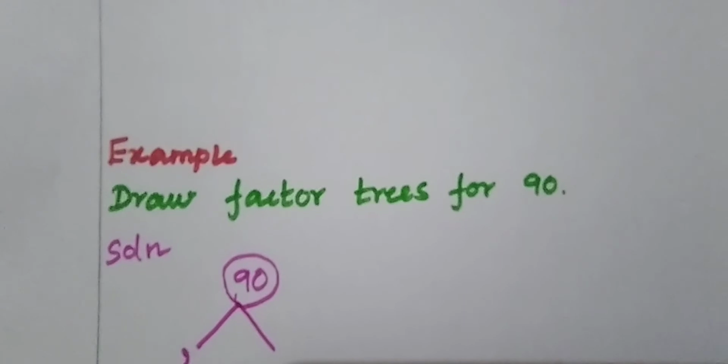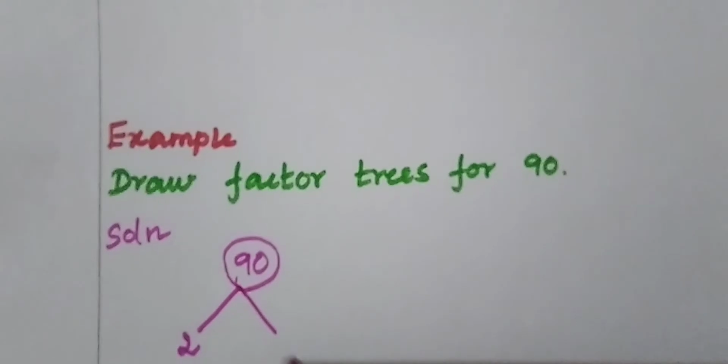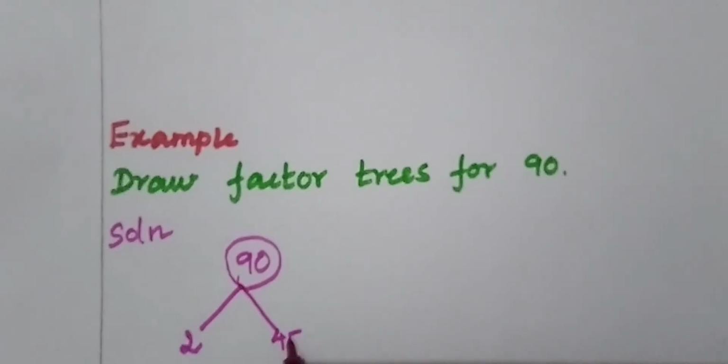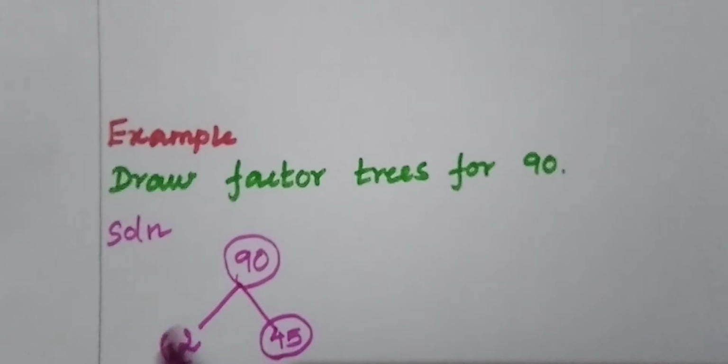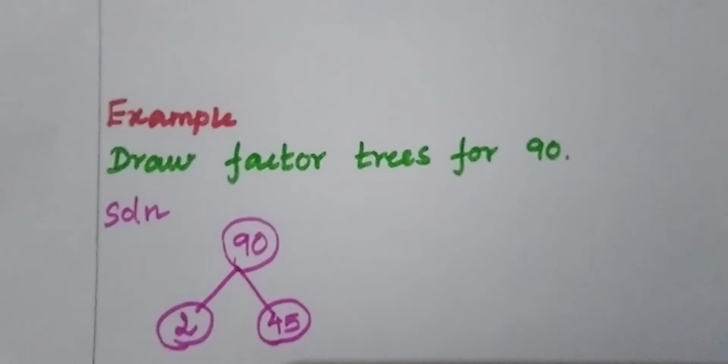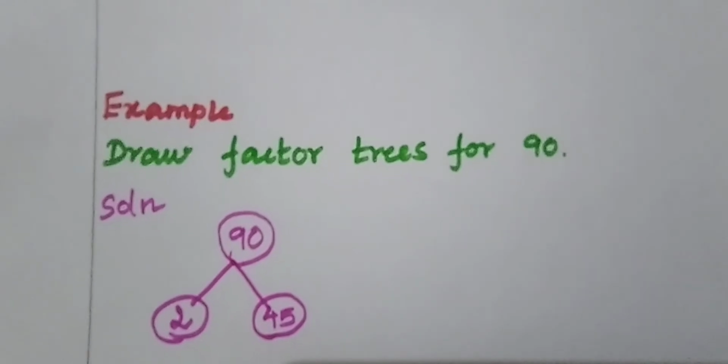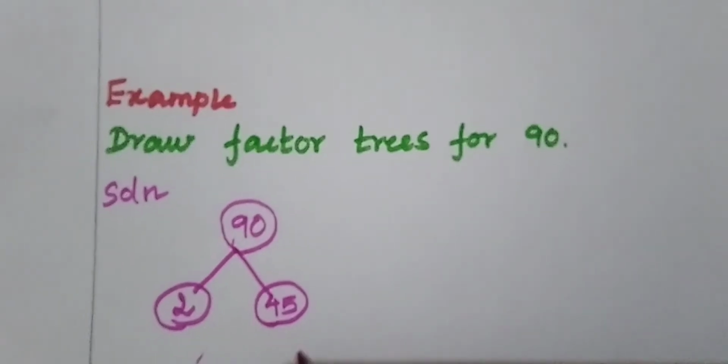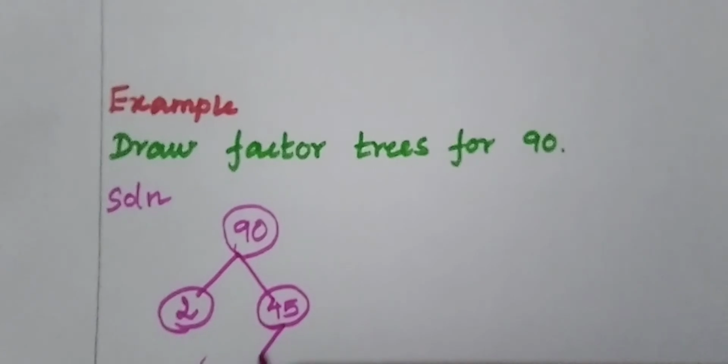When you divide 90 by 2, you get the answer as 45. Here 2 is a prime number, so you can stop this one here itself. Now here 45 is a composite number. Again you divide this one.